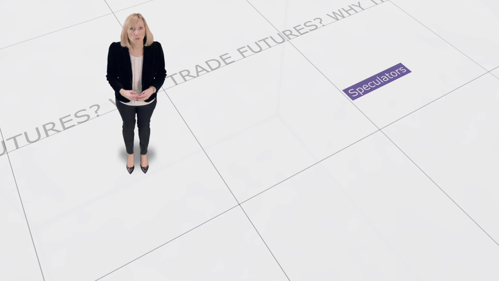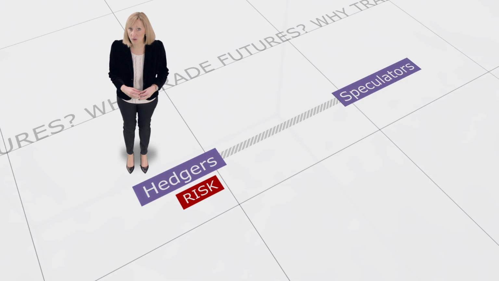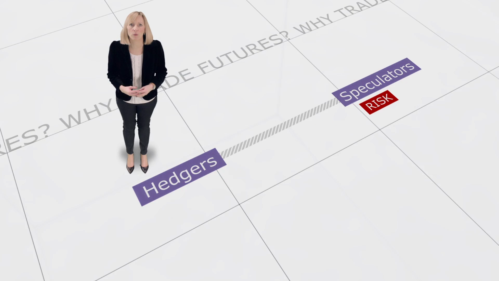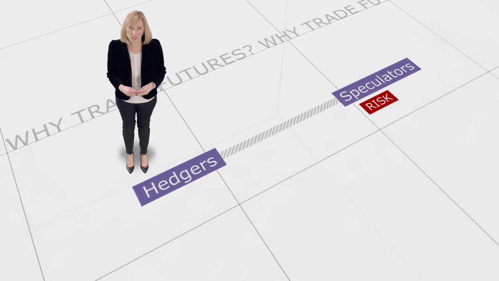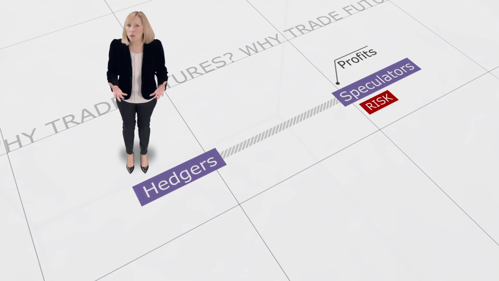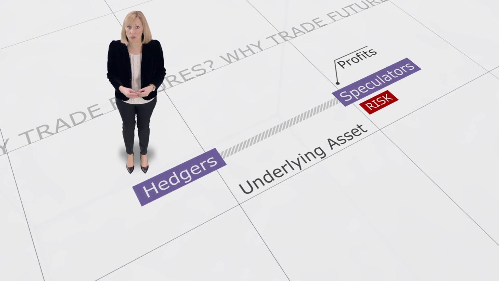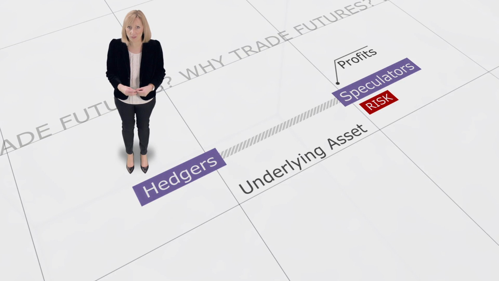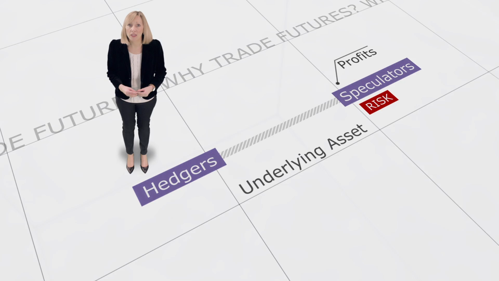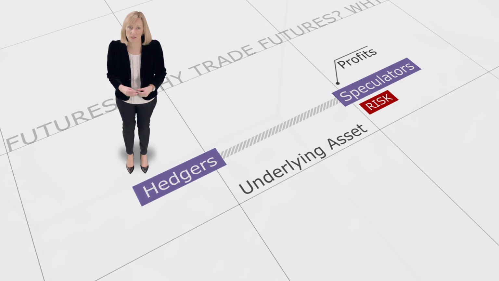Futures are highly leveraged assets, since you only need to put a proportion of the money down, referred to as margin. Speculators, or in other words traders, take on the price risk that hedgers try to avoid in return for a possibility of profits. They have no commercial interest in the underlying commodities and are motivated purely by the potential for profit. Speculators play an important role in the futures market.